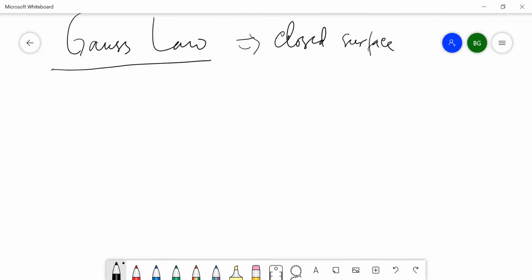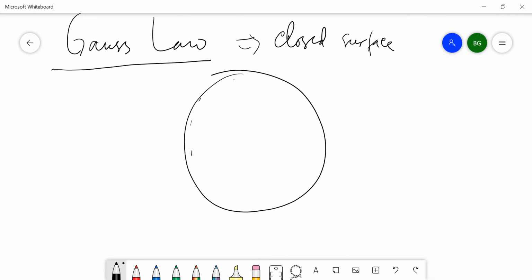What is a closed surface? For example, you can imagine a sphere. This is isotropic. Isotropy means we can see it from every direction and it has exactly the same shape.